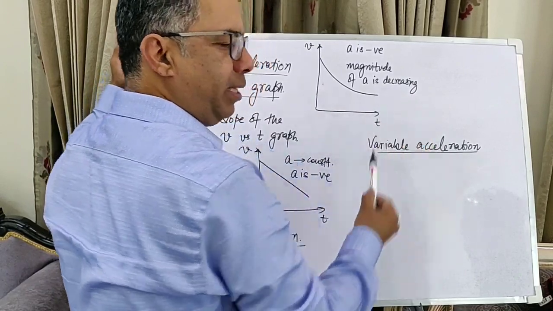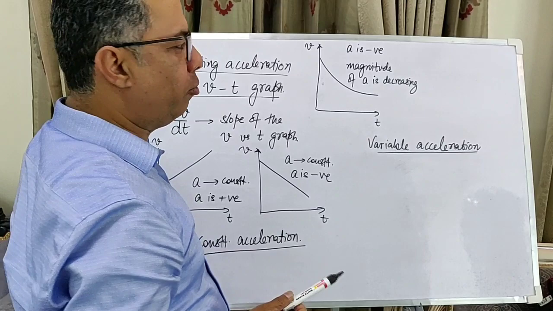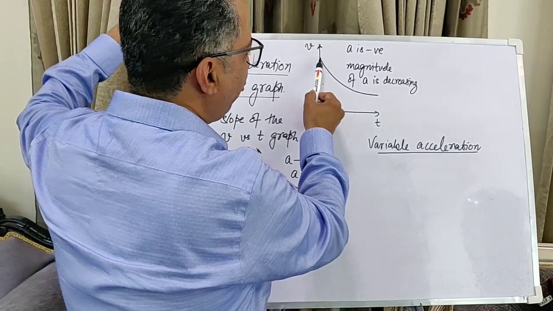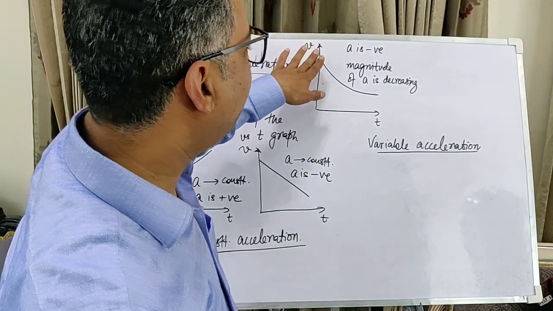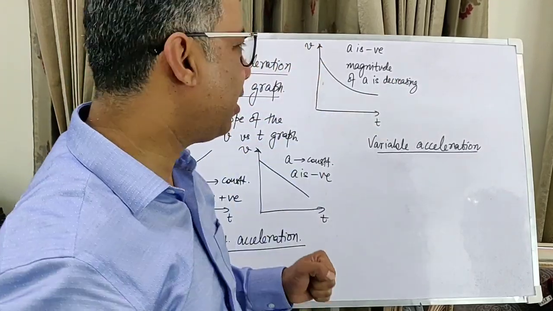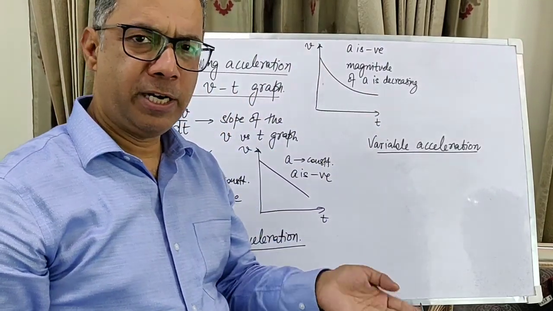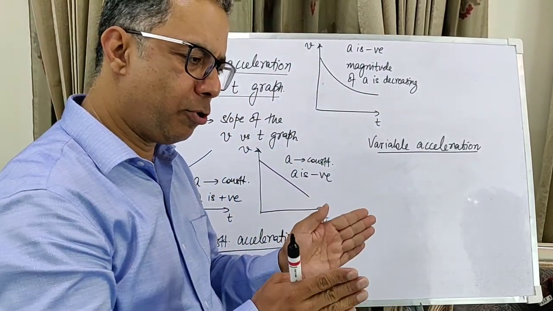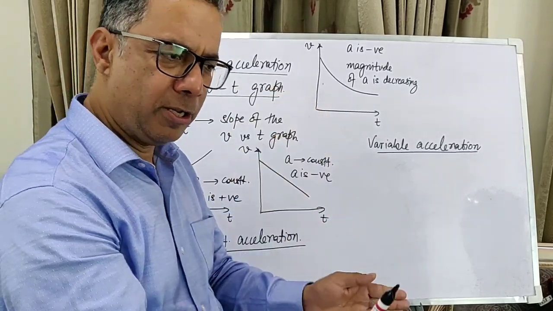Horizontal looking graph means less slope, vertical looking graph means greater slope. So you're moving from greater slope to lesser slope, and that means acceleration is decreasing in magnitude. Now when I say slope is increasing or decreasing, I'm always going to talk about magnitude of slope, so the modulus of slope.